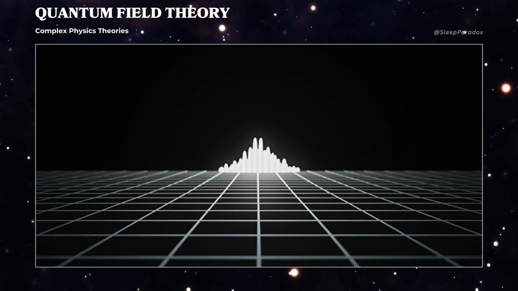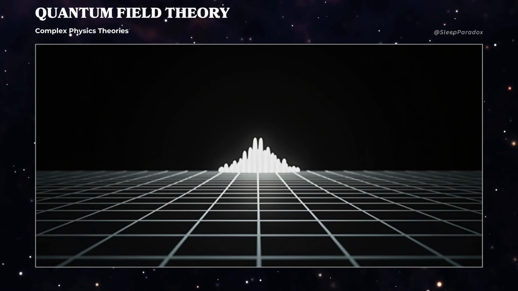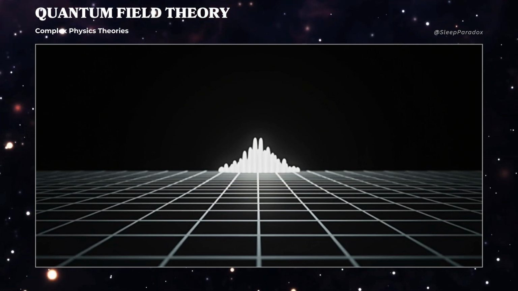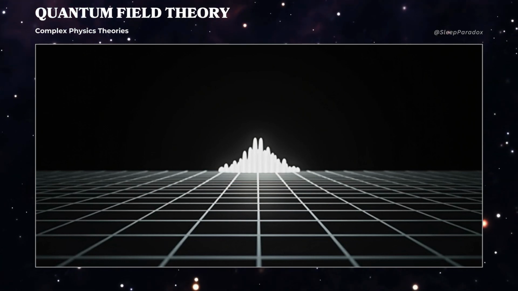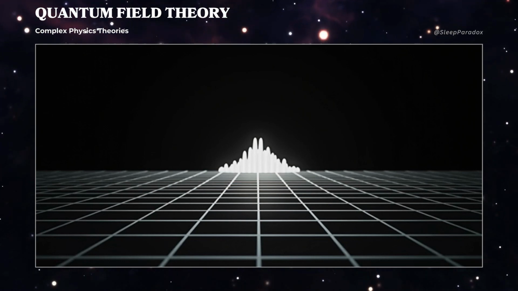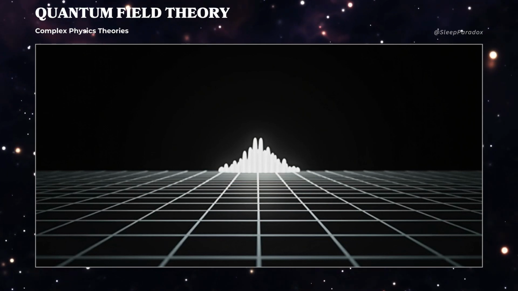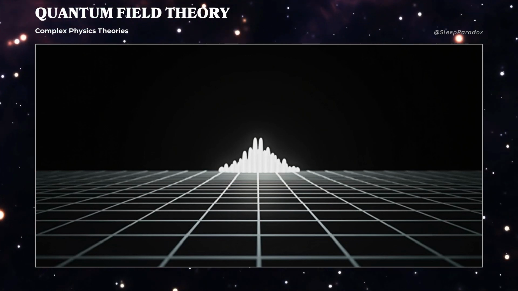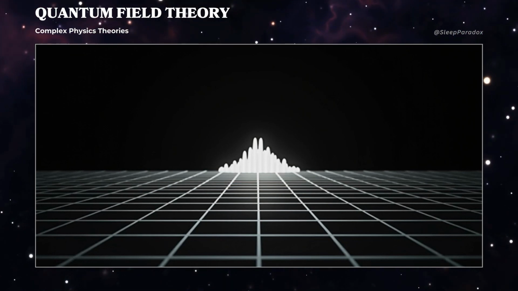One of the biggest successes of quantum field theory is the development of quantum electrodynamics, or QED. This is the field theory that describes how light and matter interact. It has been tested to extraordinary precision and has produced some of the most accurate predictions in all of science. The theory correctly predicts, for example, the magnetic moment of the electron to a level of agreement with experiments that is better than 1 part in a billion.